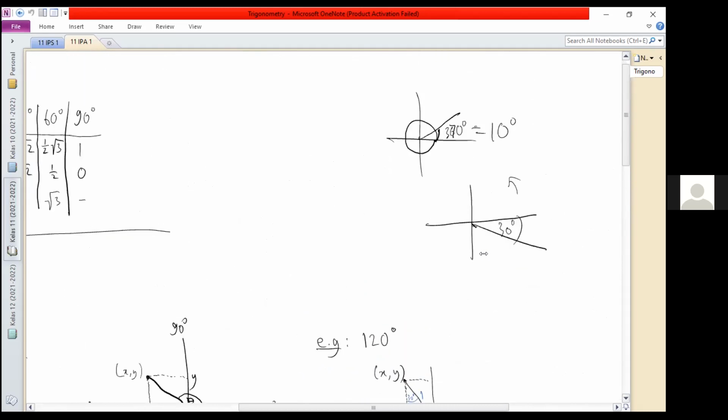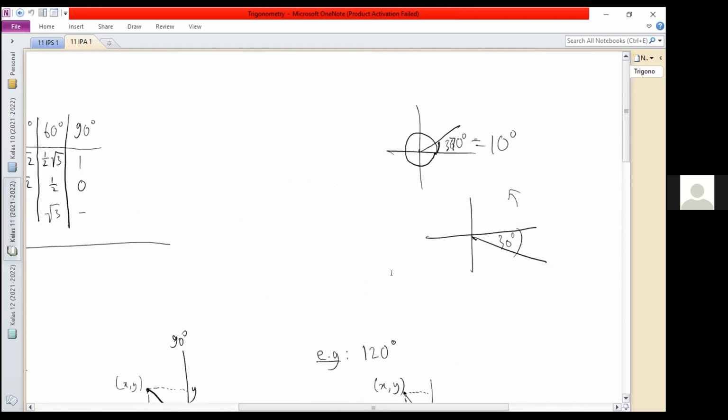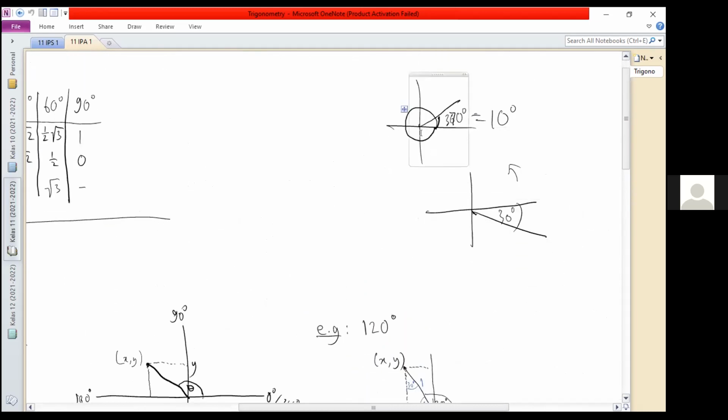And you can even go beyond. Let's say you go to 370 degrees: you go one full rotation, and then you add 10 more degrees.